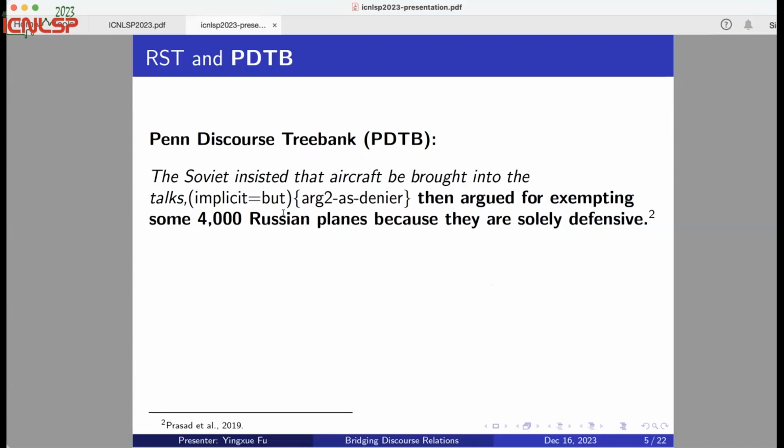Except for implicit relations, PDTB also has other types of relations, such as explicit relations, and some entity-based relations. Similar to RST, the relations can be divided into subordinate relations and coordinate relations, which means some relations are symmetric and some are asymmetric.